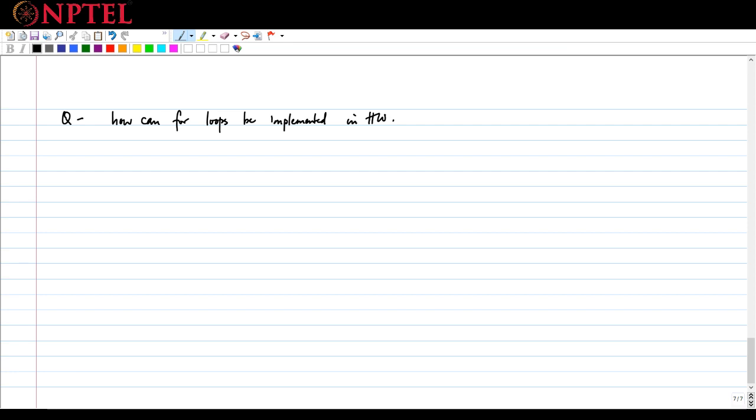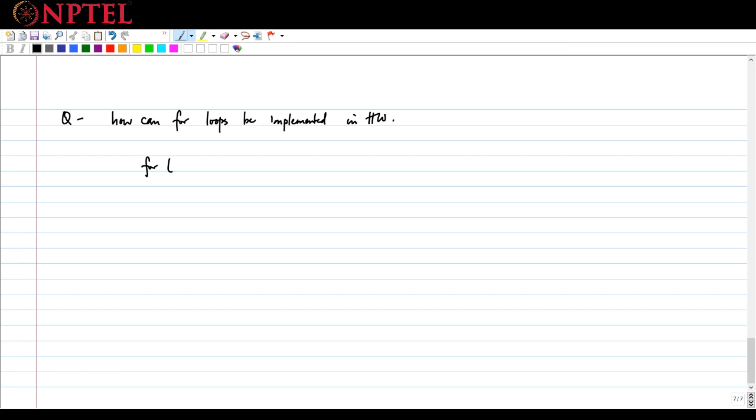So in general, that's a tricky question. There are multiple ways by which it can be done, right? Later on, I'll be trying to give some demos of how we can use high-level synthesis tools in order to take C code and convert it into hardware. At that point, we'll also look a little bit about what kind of hardware is generated and go over that, right? But the basic idea of a for loop, there are two ways of doing it.